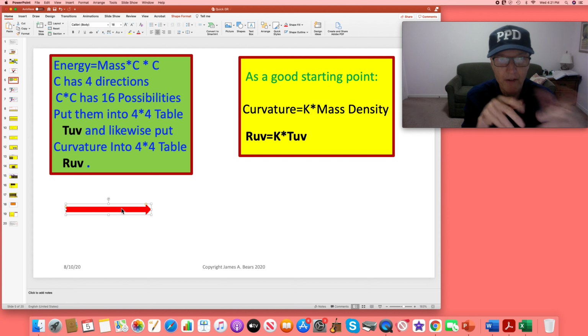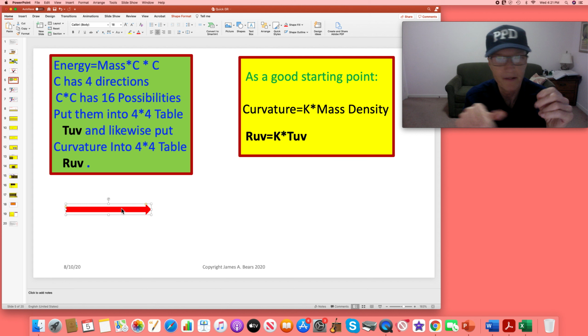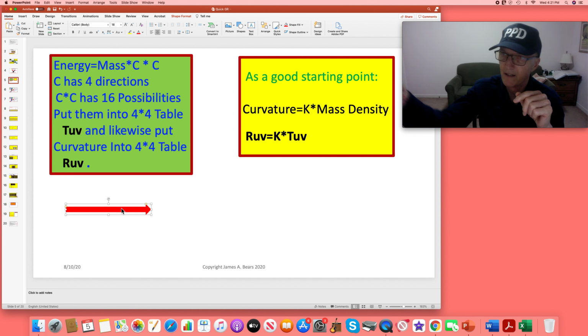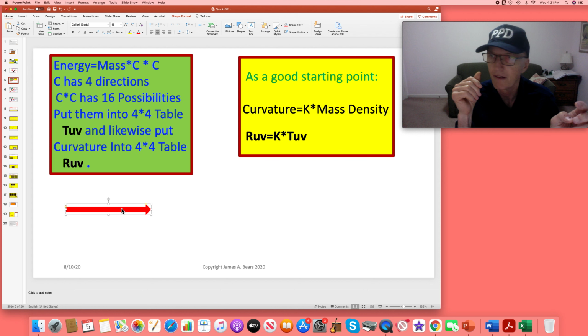So they call that table UV, and UV is because you have 4x4, the indices for those 16 terms. So they put it in a 4x4 table, and they call it the stress energy tensor.